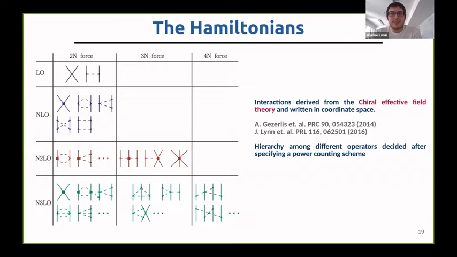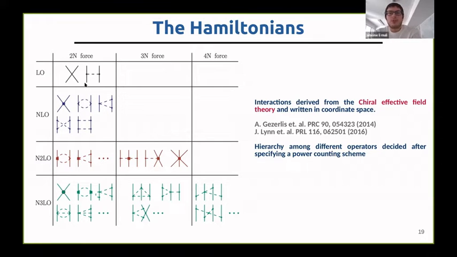This set is infinite, but we can associate a power counting scheme, and this will establish a well-defined hierarchy among the different nuclear operators. In order to understand what that means, let's take a practical example. The power counting scheme you're seeing here is the so-called Weinberg power counting, and it basically tells you that there are two operators, these two here at the top, these leading order operators.